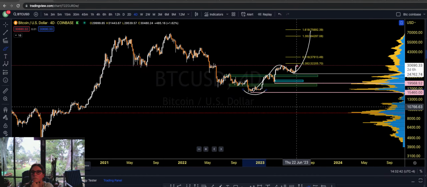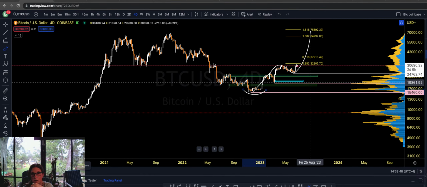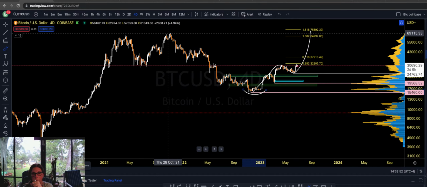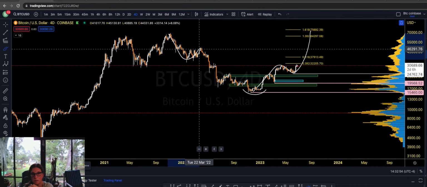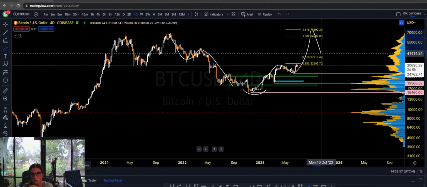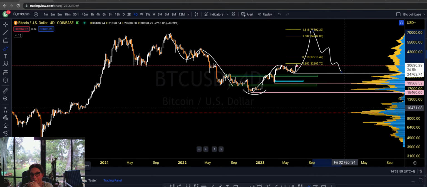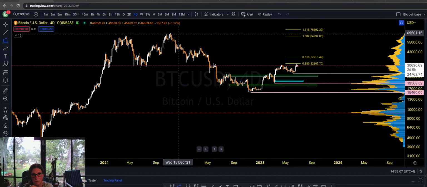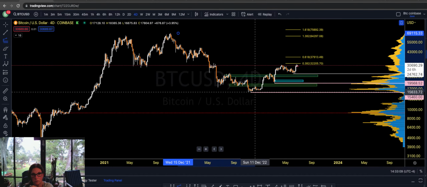So if ETFs are incoming and Bitcoin's being bought up, then there's a good chance that this is what happens. Something like this. A running flat is very bullish and only has to hit the 618.